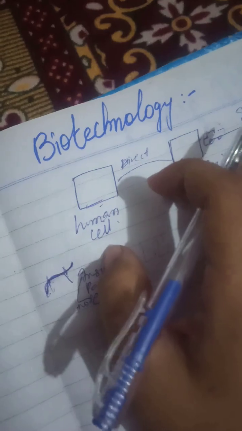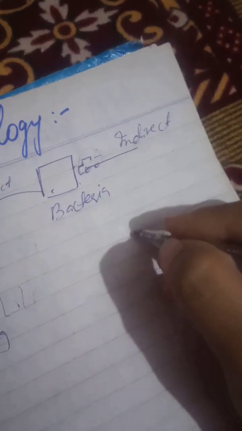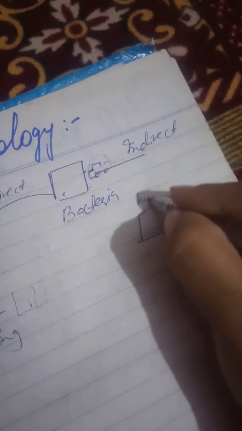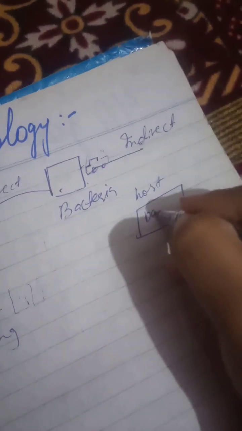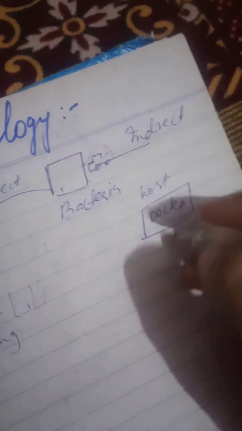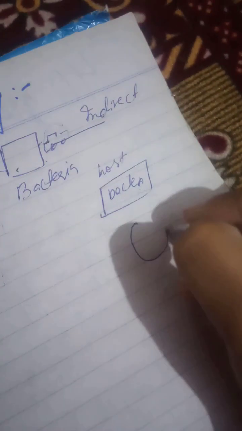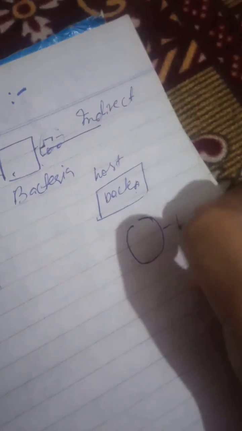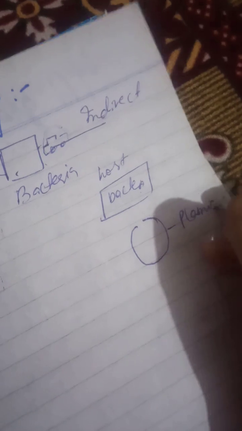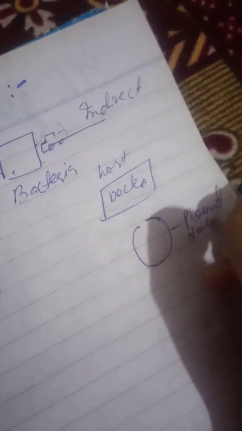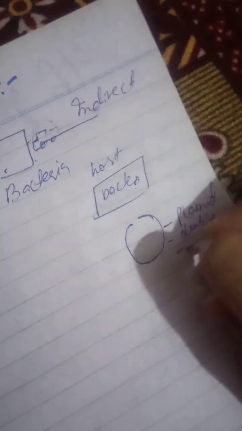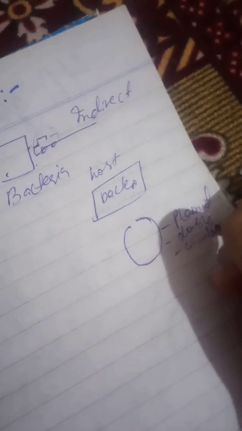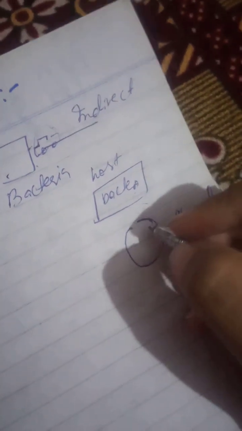Now if we talk about the host, here's the host bacteria, which has its own gene. Here is the plasmid. A plasmid is a double-stranded structure, circular in shape.